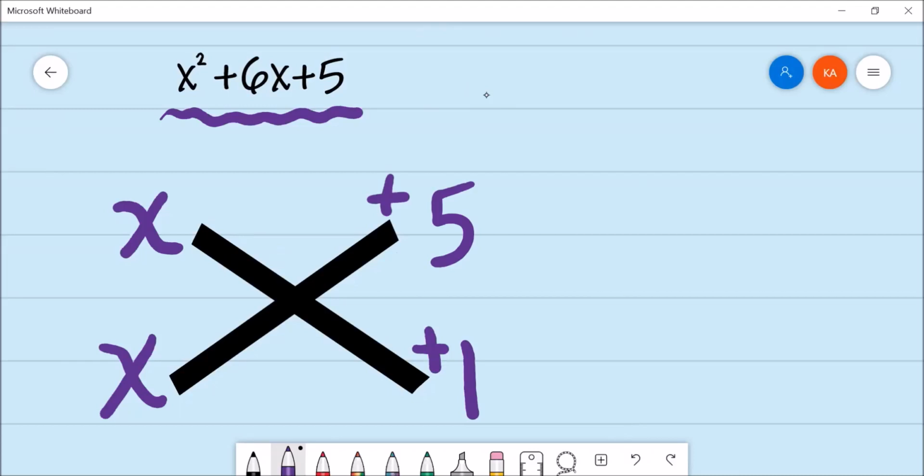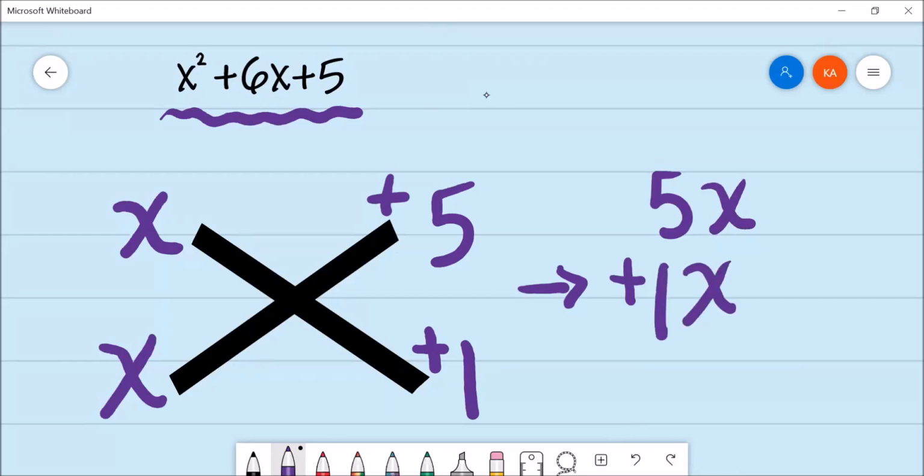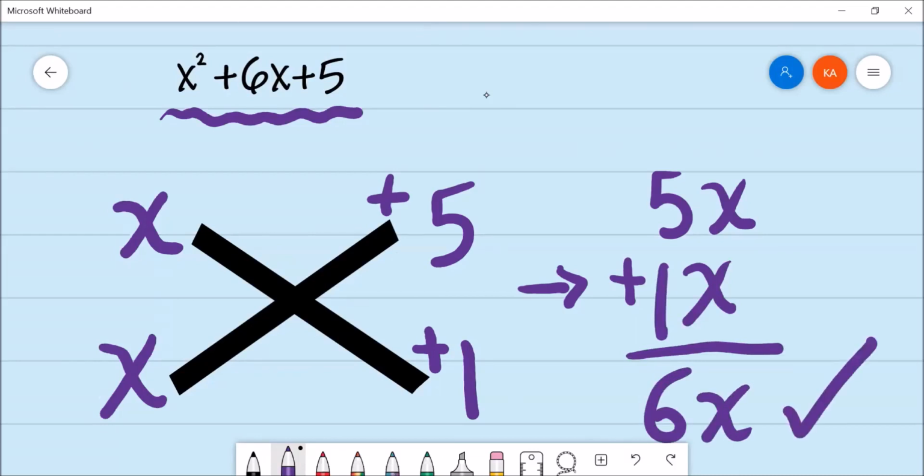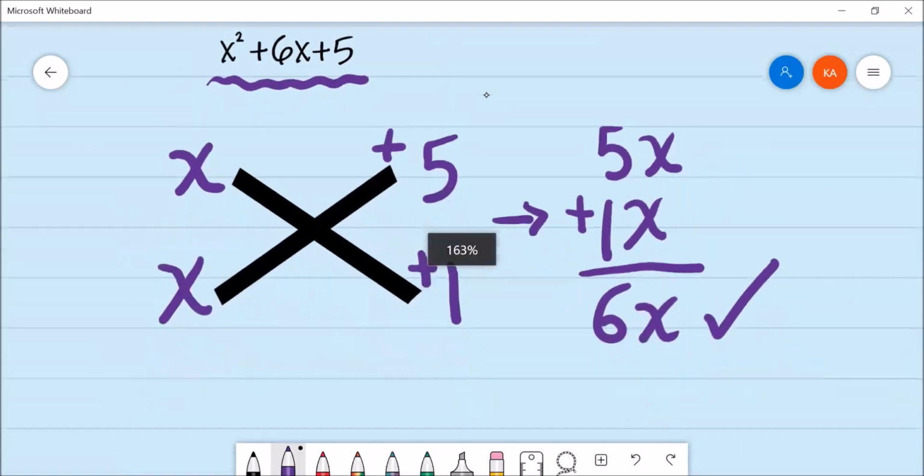We have also to make sure that if we take the product of the opposite factors, they must add up to 6x, which is the midterm of our quadratic equation. x times 5 is 5x, plus 1 times x is 1x. If we add them up, we will get 6x, which is the midterm, and then this is the right factorizing.